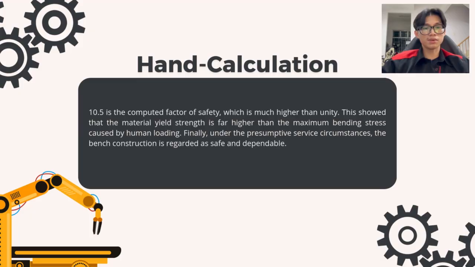This shows that the material yield strength is far higher than the maximum bending stress caused by human loading. Finally, under the presumptive service circumstances, the bench construction is regarded as safe and dependable.